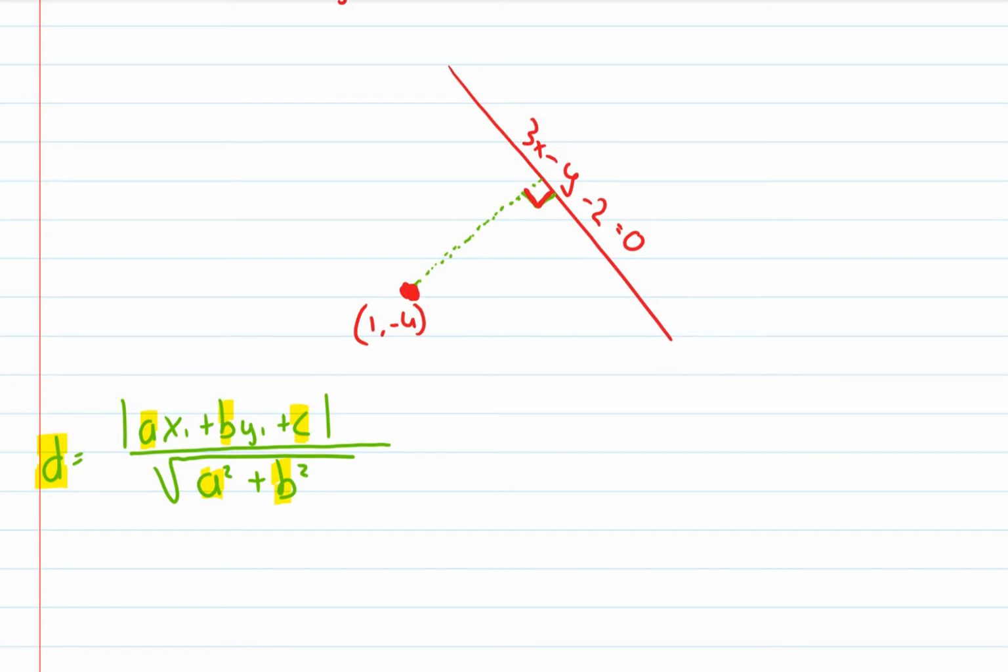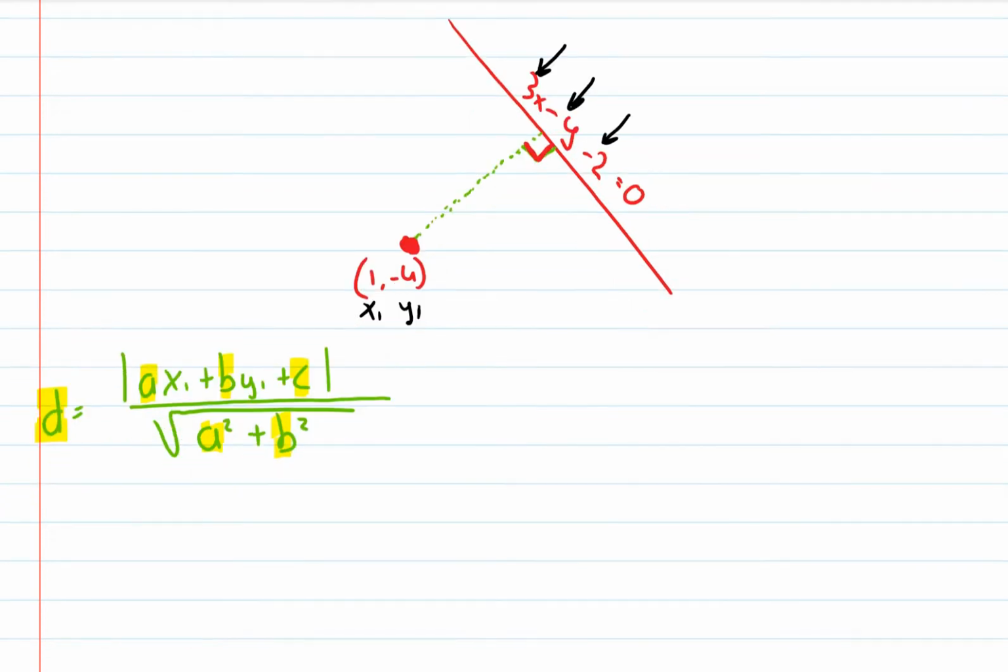So a is the number in front of the x, b is the number in front of the y, c is that number, and x1 and y1 are the coordinates of the point.